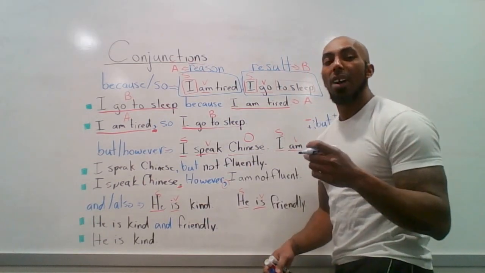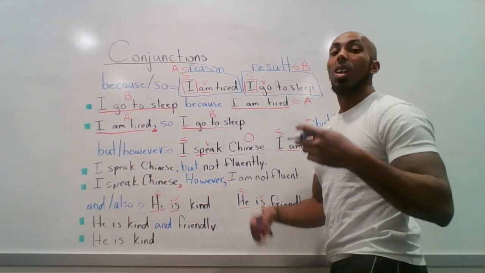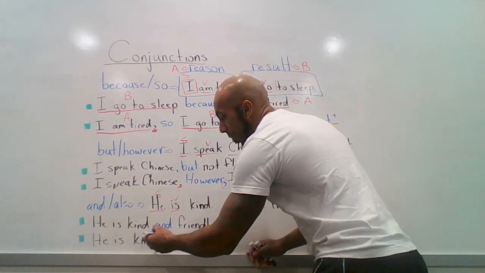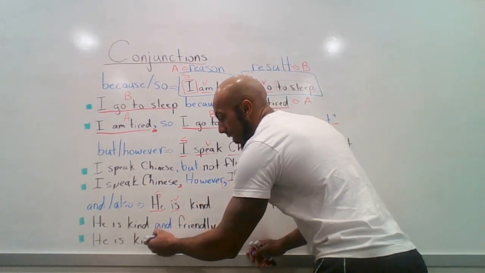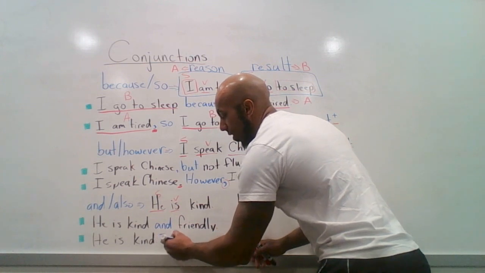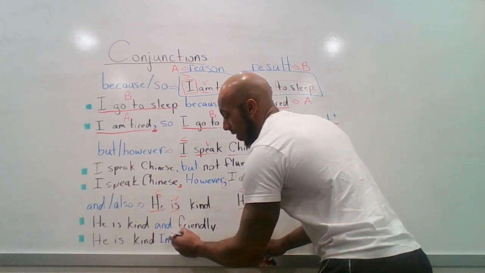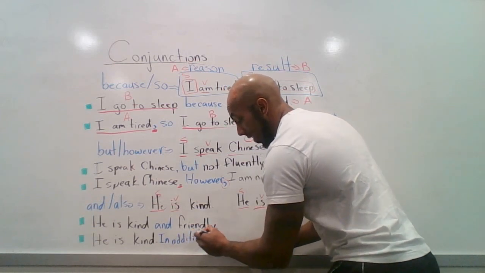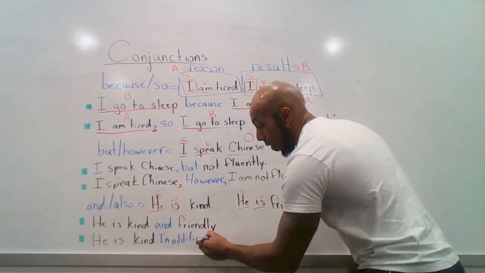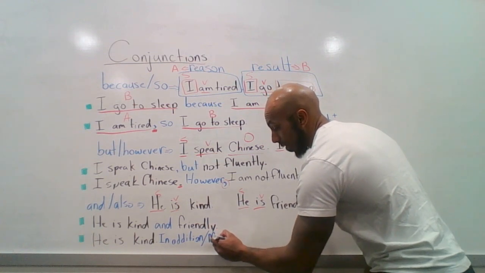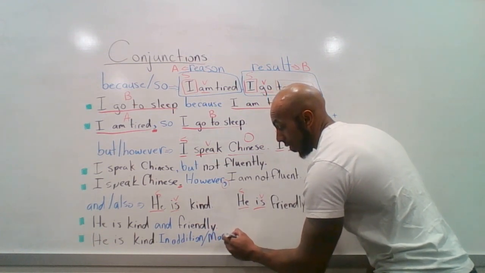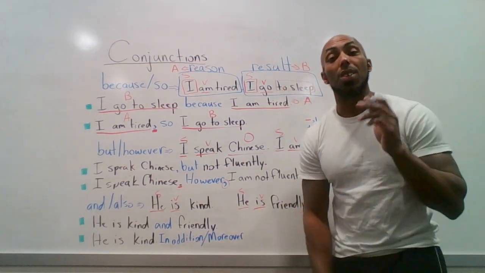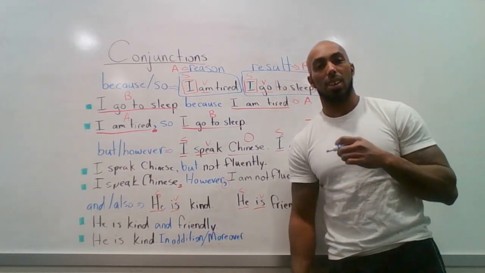But it would be better if I used another linking phrase, which would be something like in addition. Okay. Or I can say moreover. Now, in addition and moreover are the same thing as and.